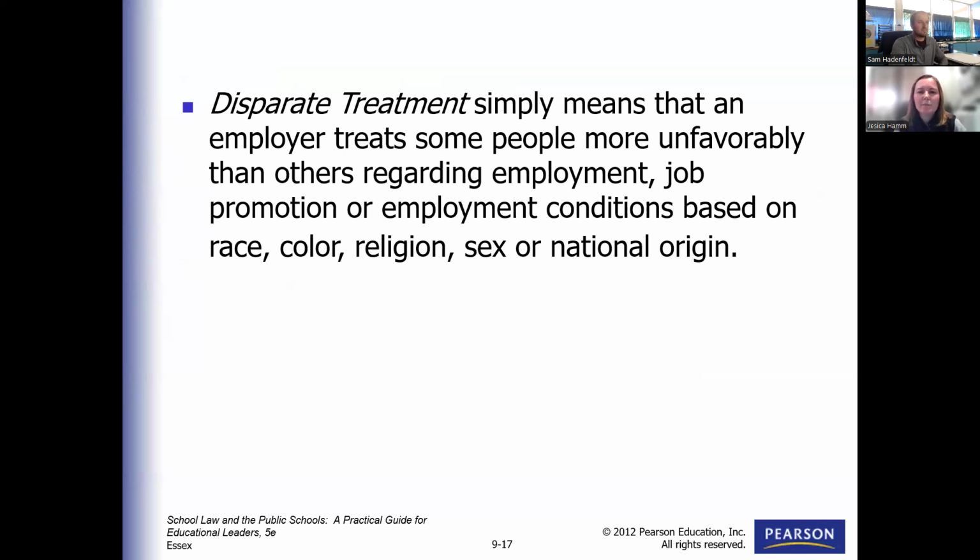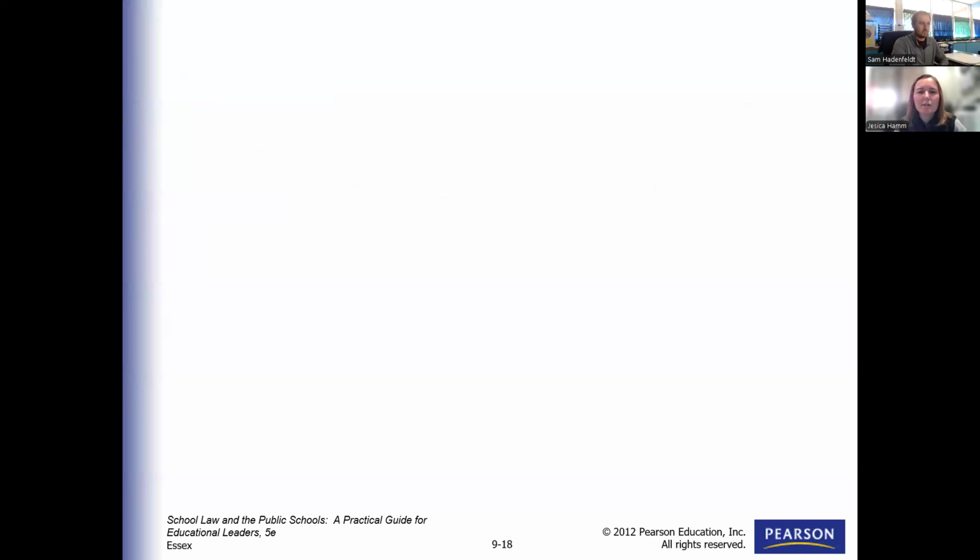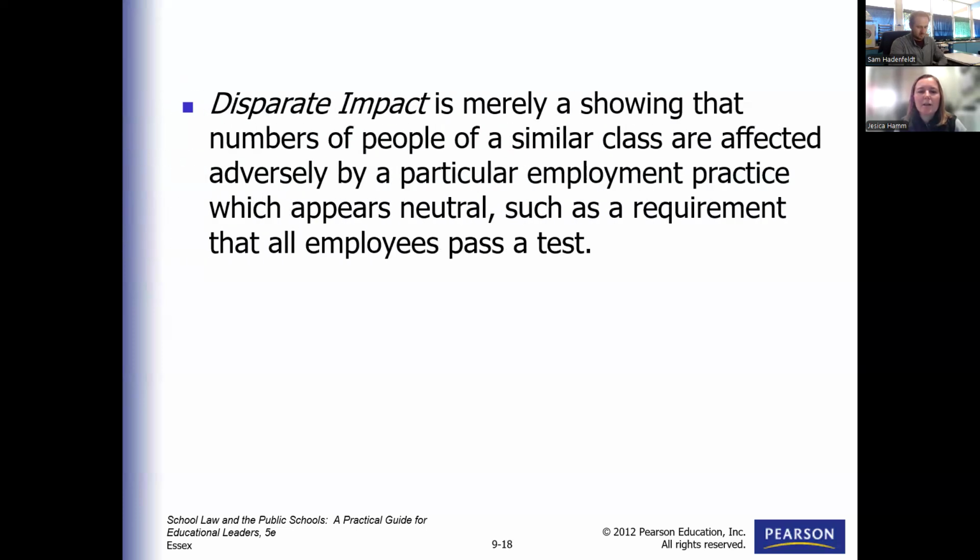Disparate treatment simply means that an employer treats some people more unfavorably than others regarding employment, job promotion, or employment conditions based on race, color, religion, sex, or national origin. Disparate impact is merely a showing that numbers of people of a similar class are affected adversely by a particular employment practice, which appears neutral, such as a requirement that all employees pass a test.